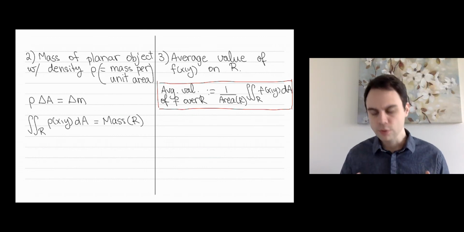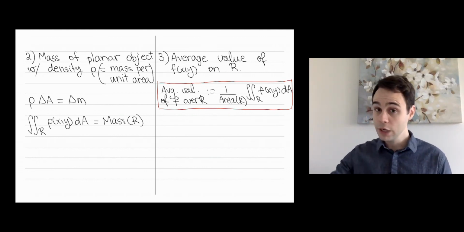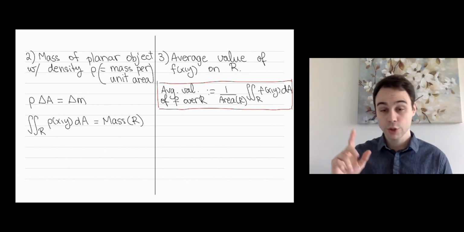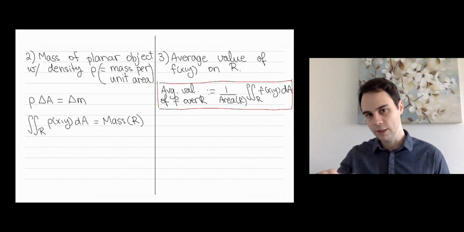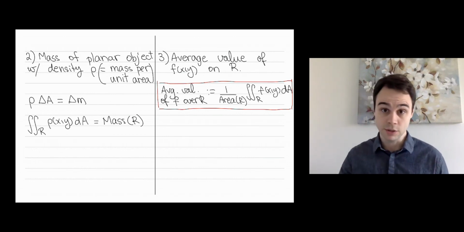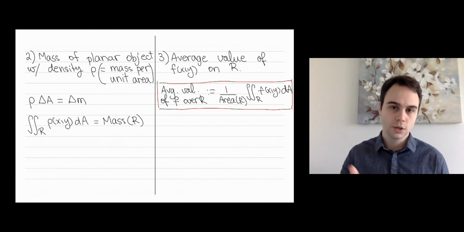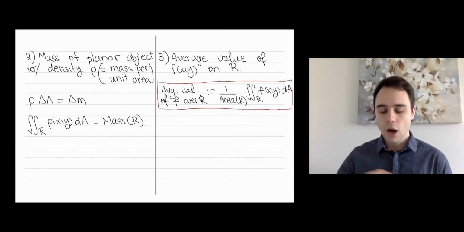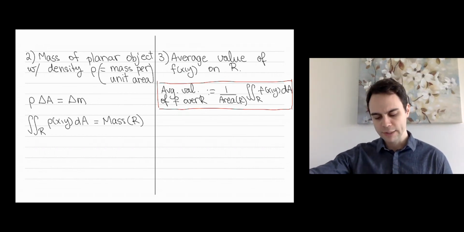So here's the problem. I have a region and a function, and in general, the function takes infinitely many values on this region. For each point in the region, you'll get a different value, and the region has infinitely many points. So how do you take the average of these infinitely many values?